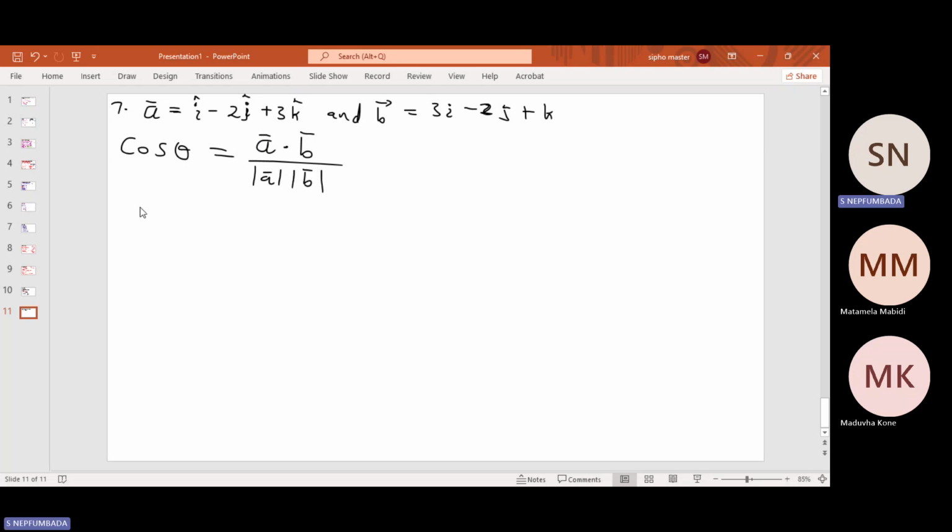Then we go and find that our dot product is going to say, we take the coefficient, the first one multiplied by the first one plus the second one multiplied by the second one plus the third one multiplied by the third one. Then what did you get when you press your calculator?